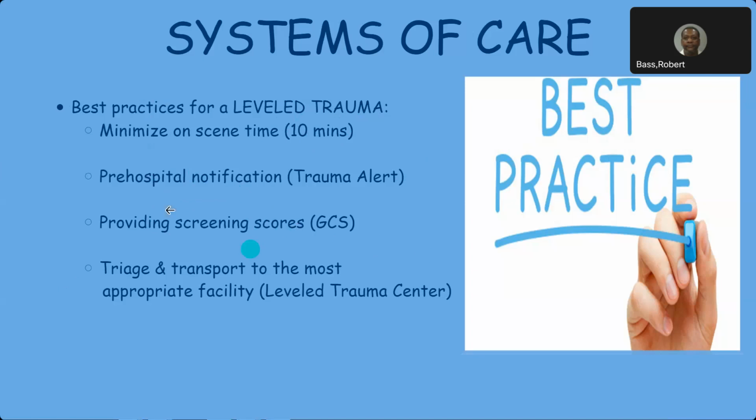Then there's the GCS. We talked about the GCS. One of the things that we have to do is provide this information, and as competent providers, we want to provide a definitive number and none of the approximations. These are going to be patients that need to be transported to that level trauma center.